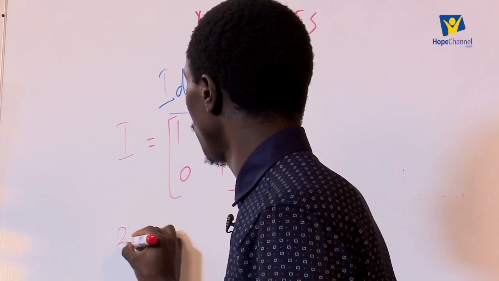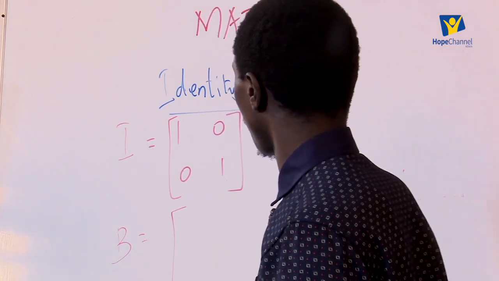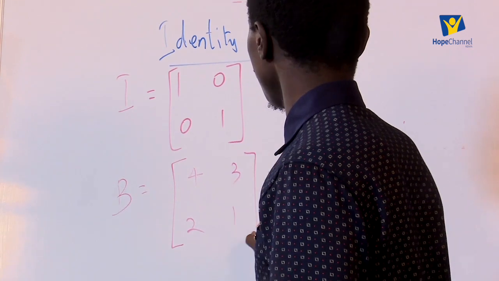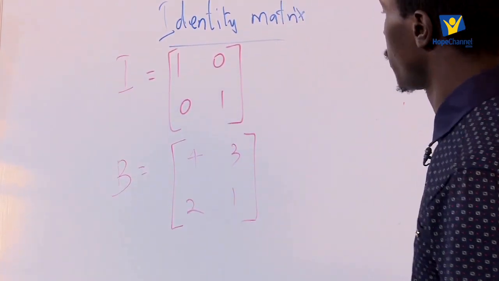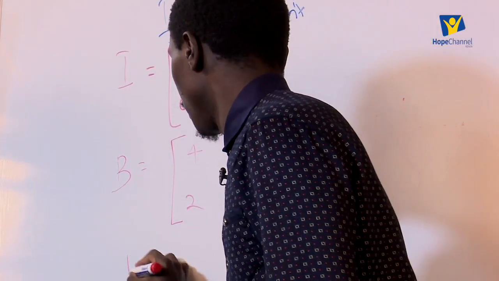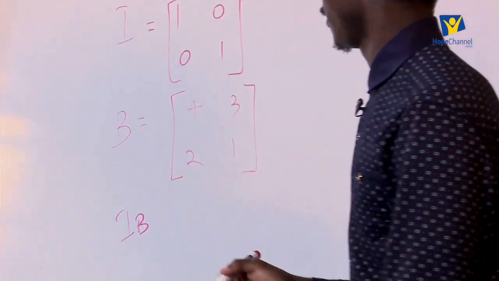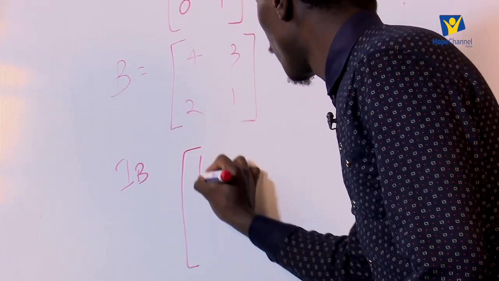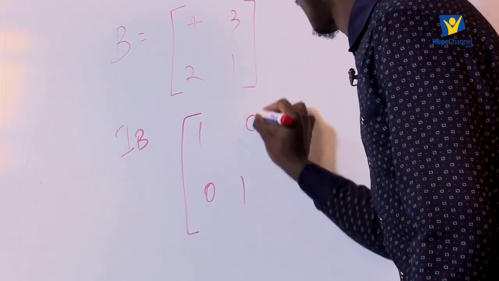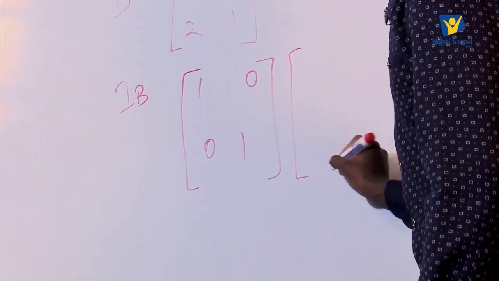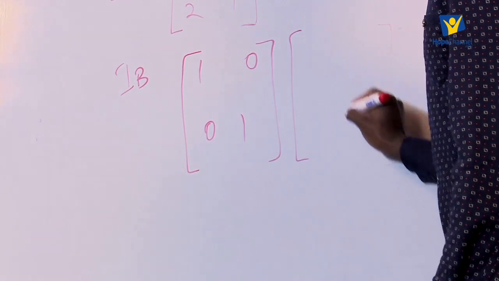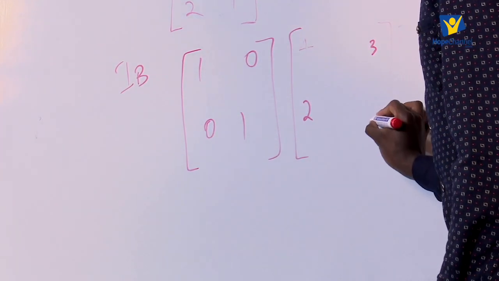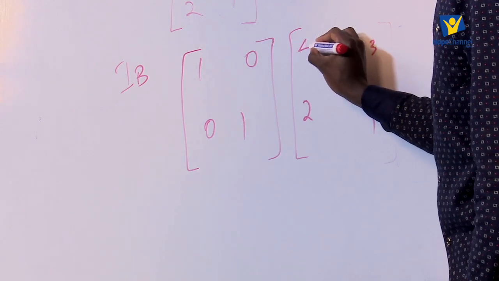And we have B, which is 4, 3, 2, 1. So let's try multiplying I and B. We have 1, 0, 0, 1 multiplied by 4, 3, 2, 1.